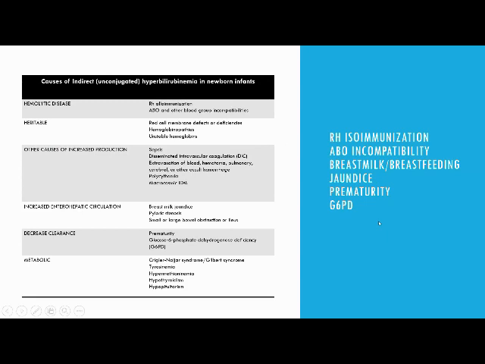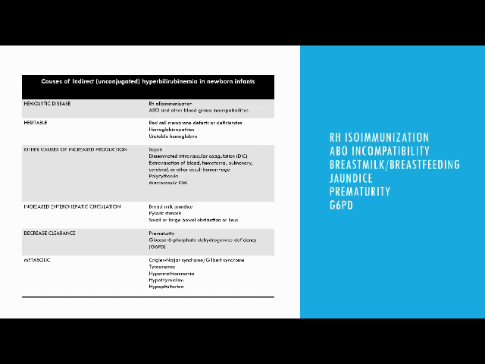This is from a book. I did not make this fabulous graph or diagram, but it's a nice summary, so I wanted to include it, of the different types of unconjugated hyperbilirubinemia we see in newborn infants. We're not going to talk about all of the ones on this list, but remember that indirect or unconjugated hyperbilirubinemia is a little bit more common.